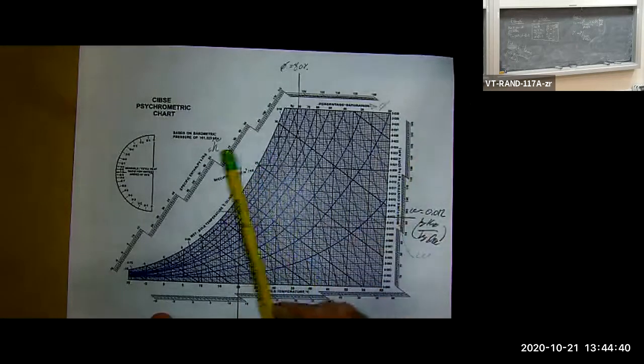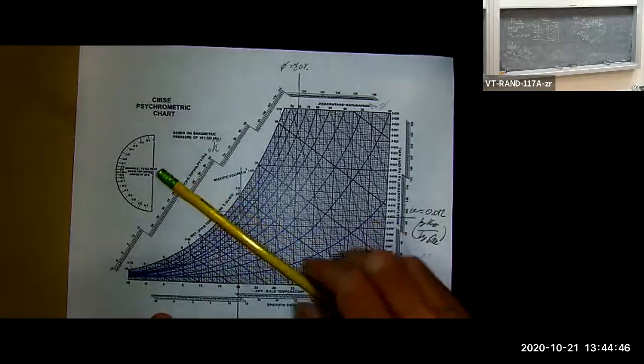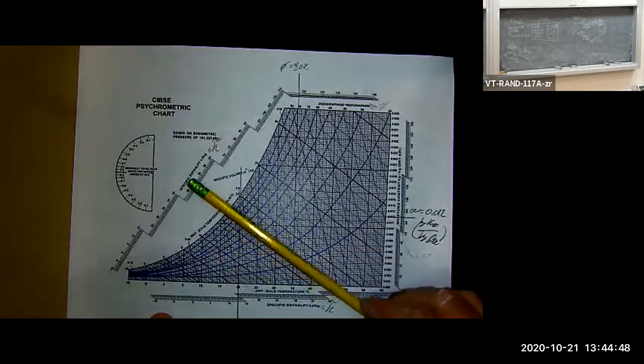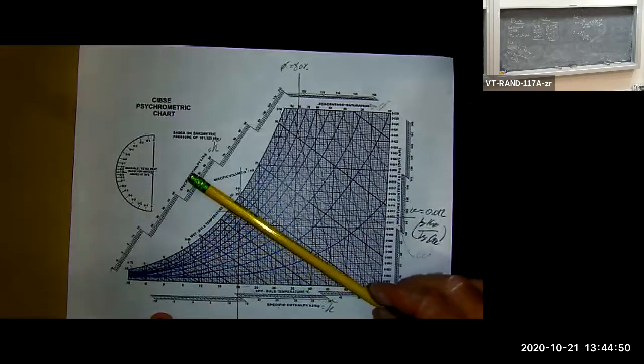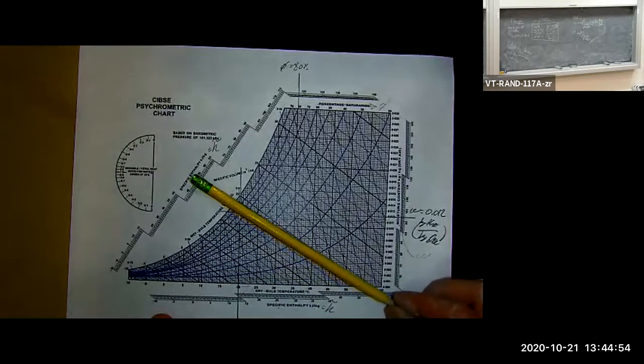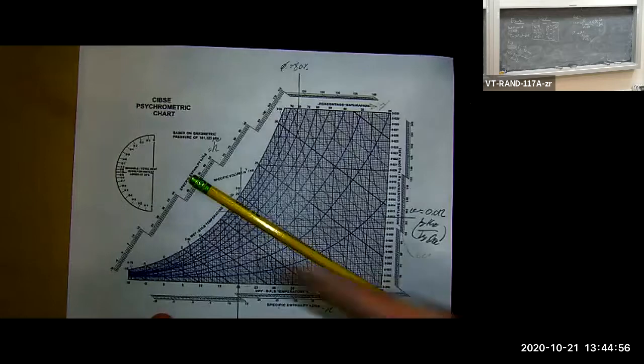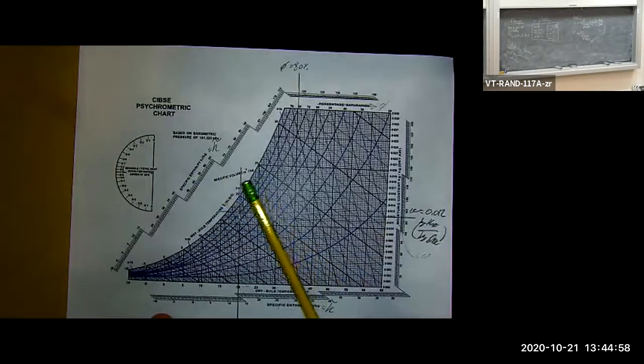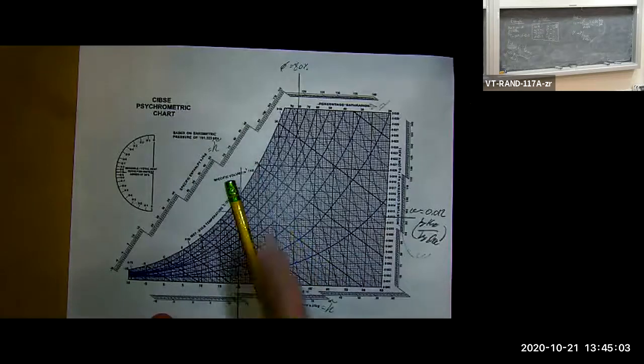Now, notice these charts are kind of nice. The actual angle of the labels tells you what line to use. For example, specific enthalpy, you look at the label here and you take the perpendicular to it. You know lines of constant enthalpy, H tilde, go in this direction. The lines of constant specific volume go in this direction. See, there's a label right there. You can actually see some numbers here.